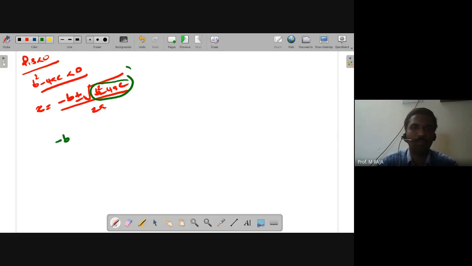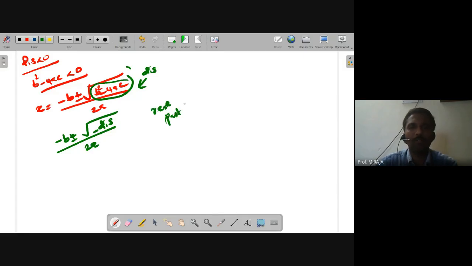So multiply this result, stored in a variable discriminant, by minus 1 so that we have minus b plus or minus square root of minus discriminant by 2a. In this case, we cannot say this is the real part. So here we need to separate the real part and imaginary part.